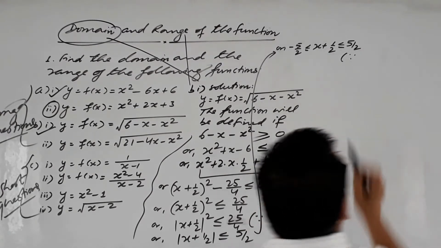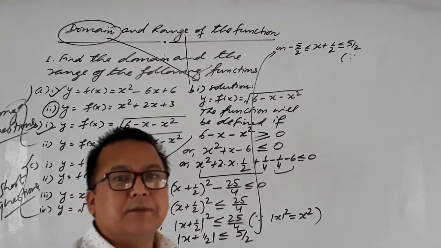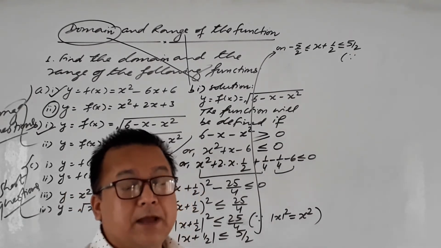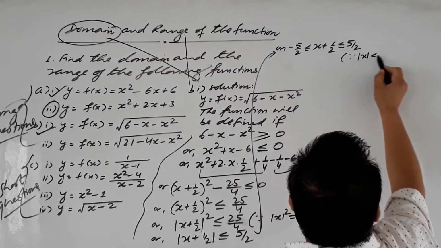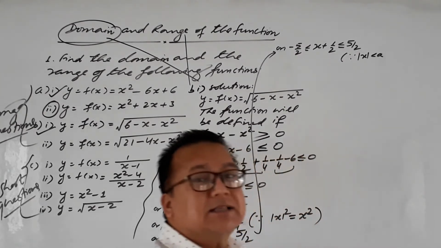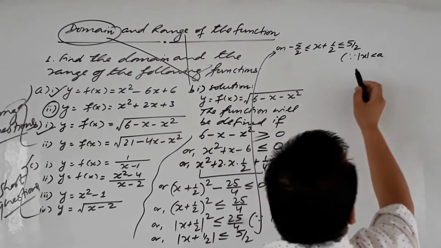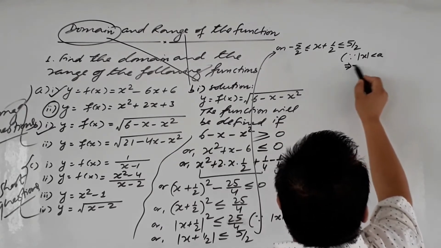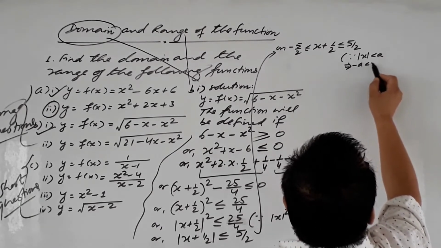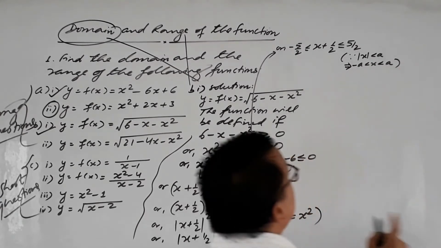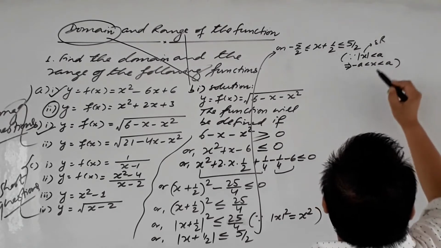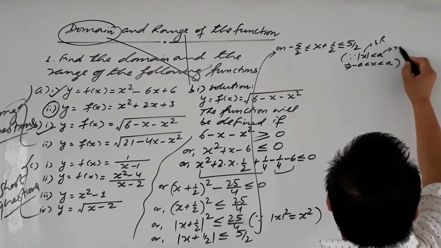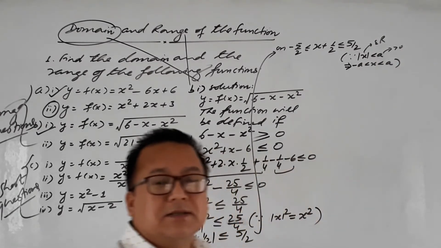See everybody, in absolute value of real numbers we have one property. What's that property? Mod of x less than a. If a is positive, we can write only this one: minus a less than x less than a. x is a real number, but this one is positive, greater than 0, a positive real number.